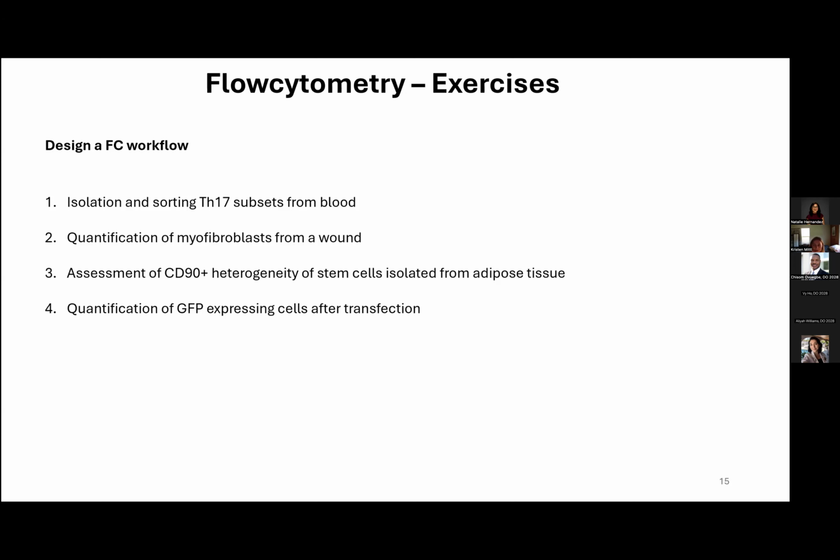So, this process would be very simple. Just take the simple suspension and run the flow. No fix and perm, nothing, because our intention is to see GFP positive cells.